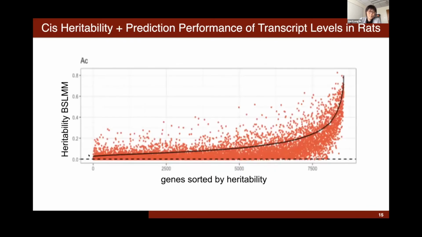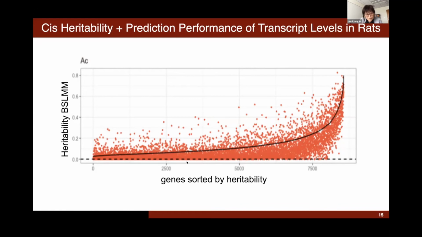Okay, so similarly to what we did with humans, I'm showing you here again. We sorted genes by their heritability estimates. We tried both GCTA and BSLMM. BSLMM works slightly better, so that's what I'm showing you here. Because they were sorted by their values, you can see this continuous line. And the red dots again are the R squares, the correlation squared between observed and predicted expression.